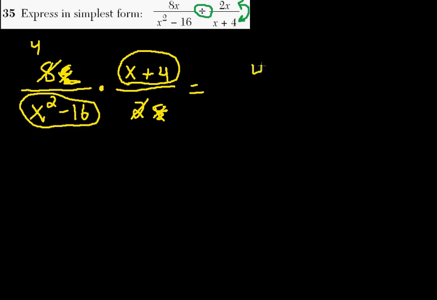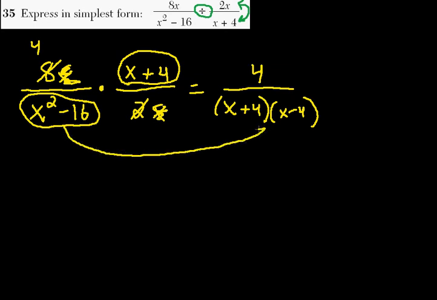Okay? As it turns out, I'll write the next step. We're going to have 4 over x plus 4, x minus 4, because x squared minus 16 is a perfect square. Right? Multiply that by x plus 4 over 1.